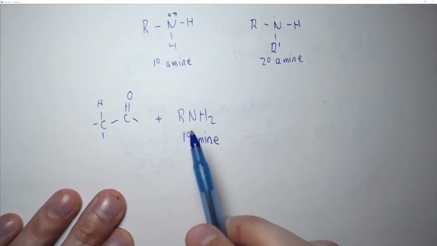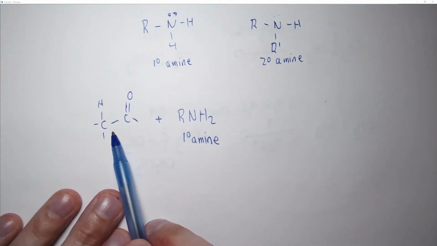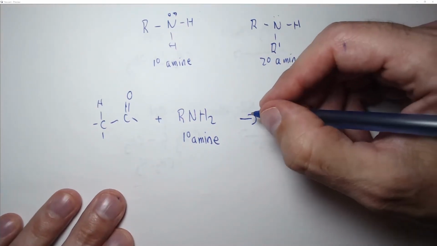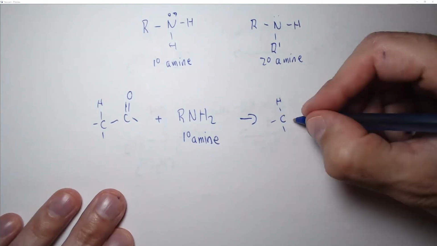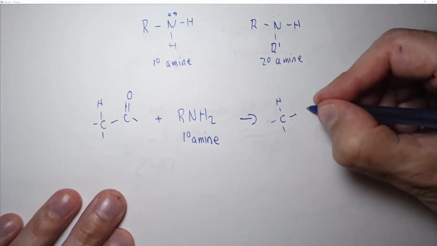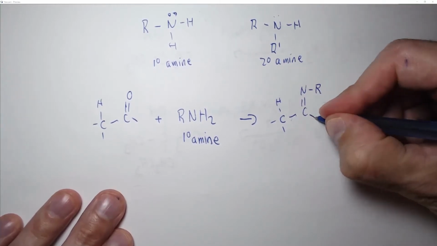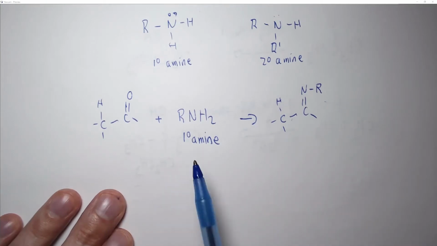When we add a primary amine to an aldehyde or a ketone, what we end up with is this C, H, and all this goes along for the ride. The C double bond O is now C double bond N bond R. And then this is attached to something else. So what have we done here?